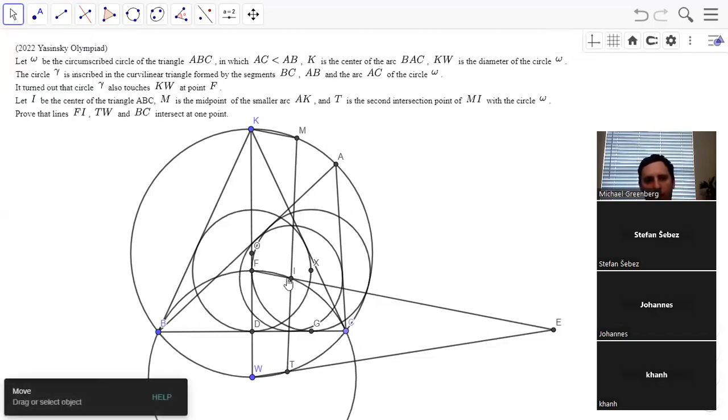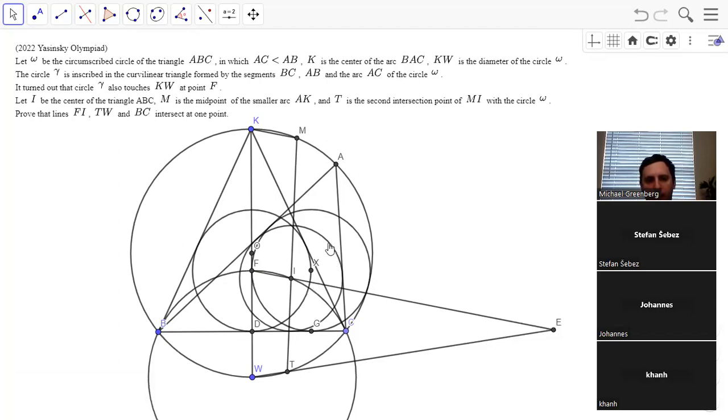But yeah, the line IF seems a little tricky to me. So that's connecting the centers of these two.